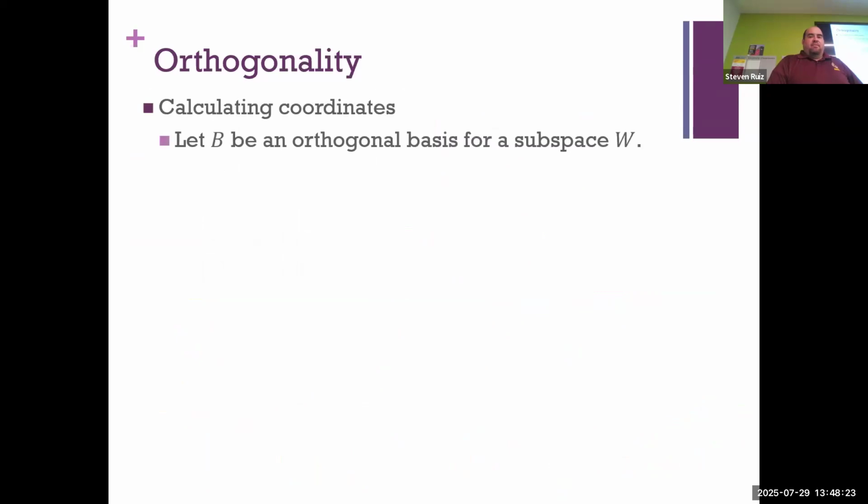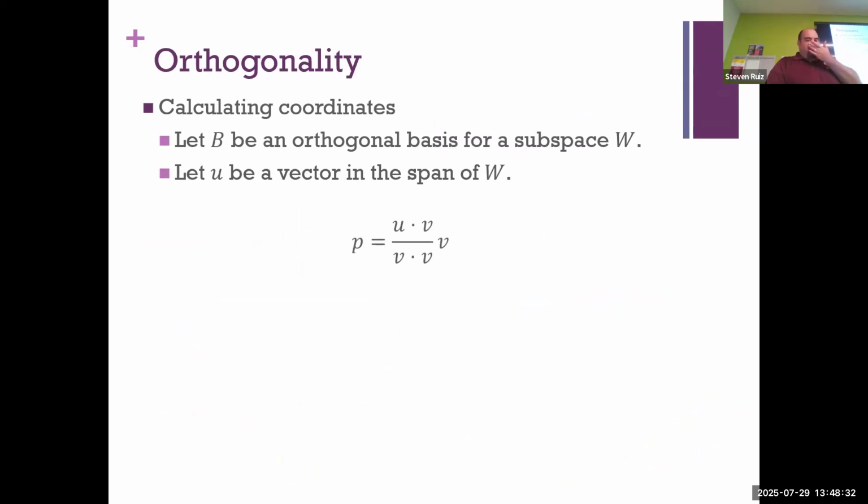All right. So basically generalizing what we just did, this is basically how we found those coordinates. But this only works in this case if we have an orthogonal basis. We can use this ratio of the dot products here. So what did we do for all the different vectors in the basis?